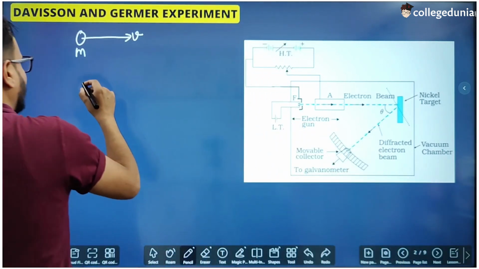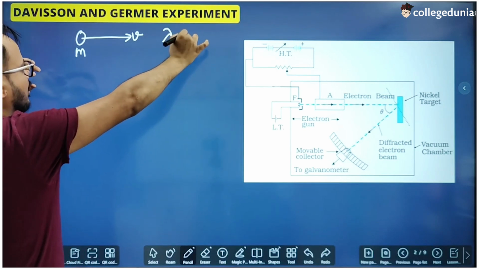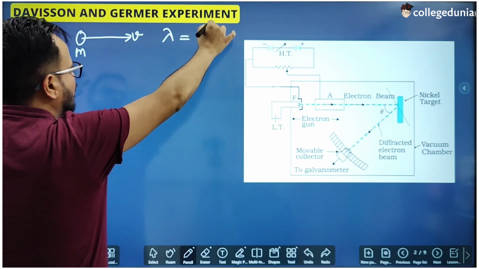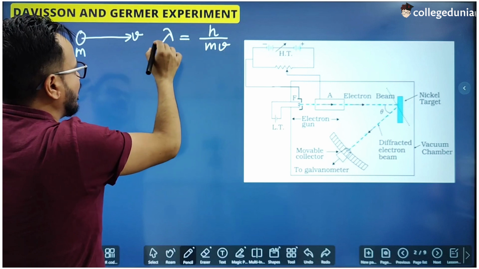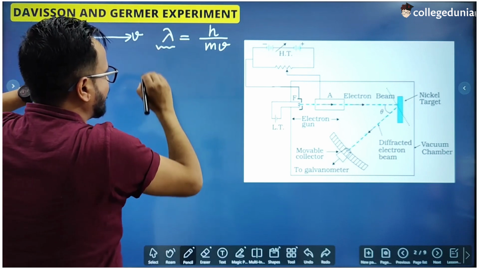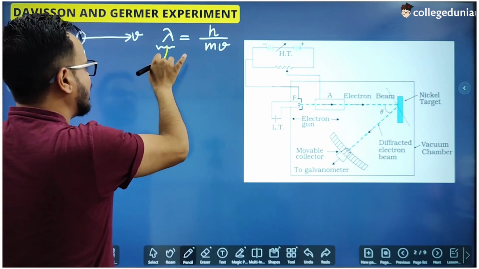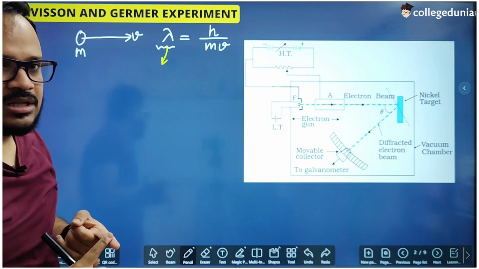So de Broglie said that if a body of mass m is moving with velocity v, then a wavelength is associated with this body, which is given as lambda = h by mv, where lambda is the wavelength associated with this moving body. This wave is neither an electromagnetic wave nor a mechanical wave.